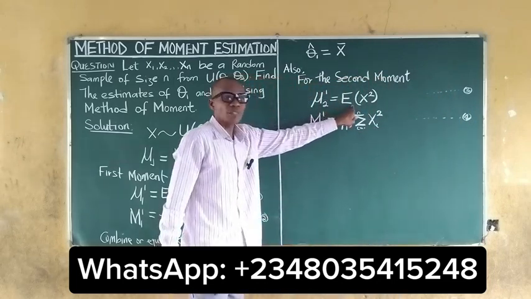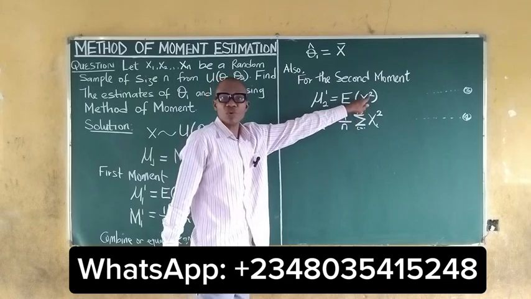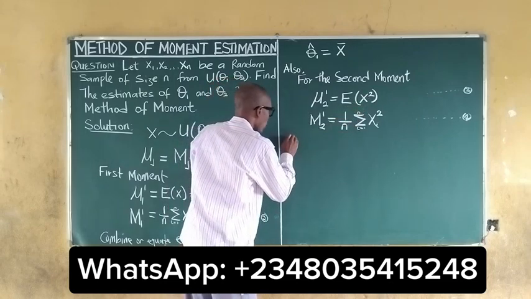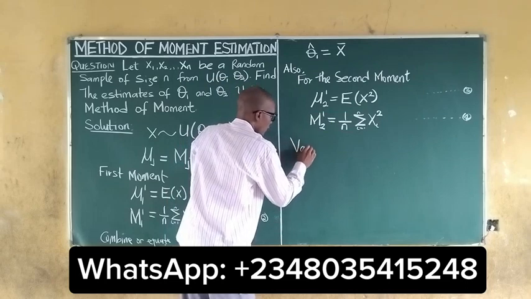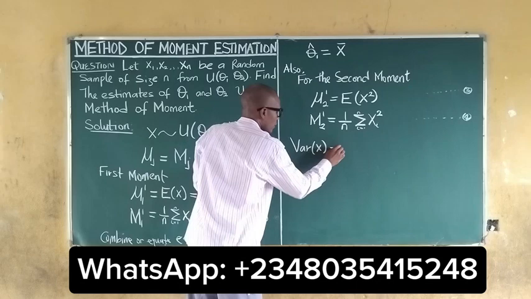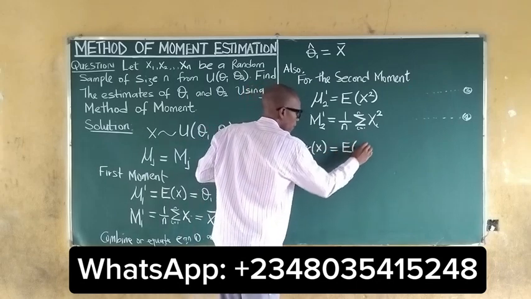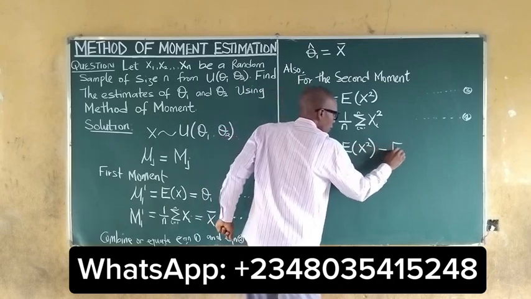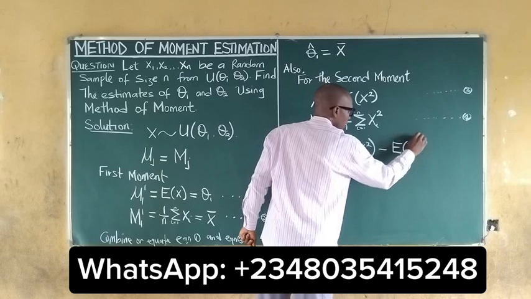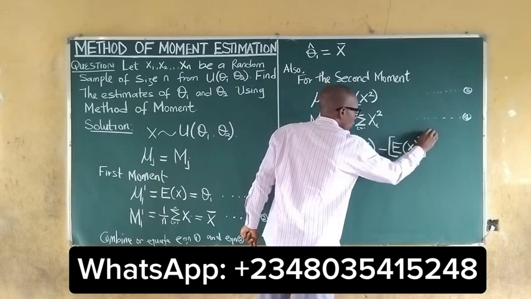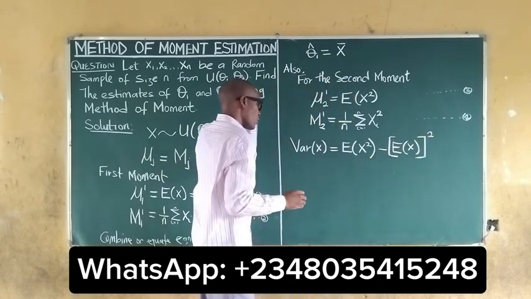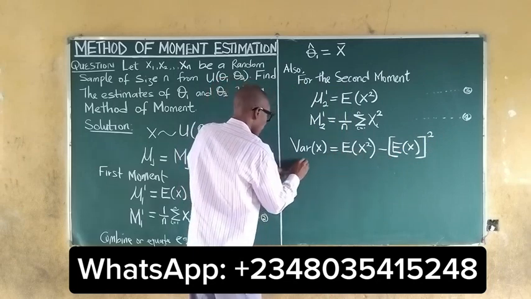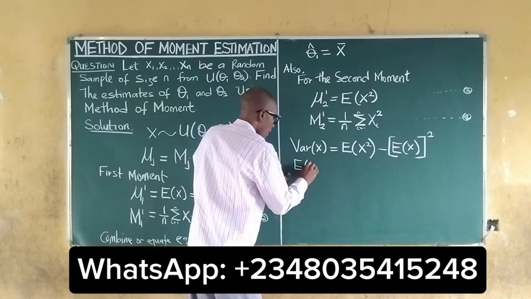So how do we obtain the expected value of x squared? We recall that the variance of x is equal to the expected value of x squared minus the expected value of x all squared. So we make this the subject of formula.